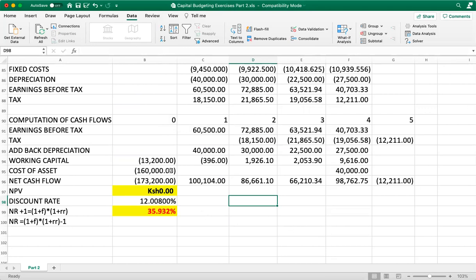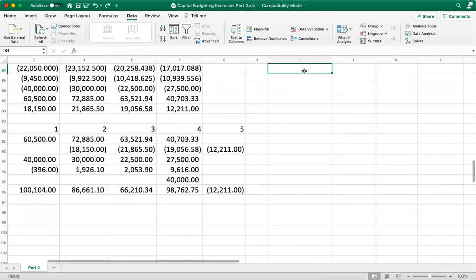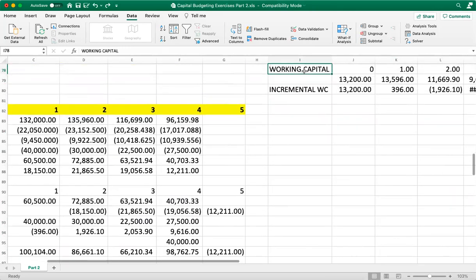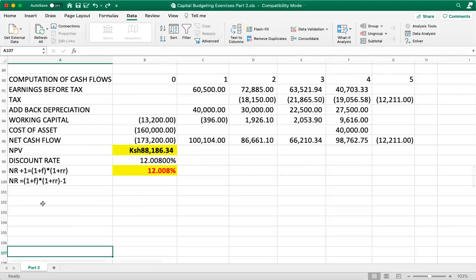Okay, so let me undo that. Okay, so we want to generate the discount rate. So you come here. Let me go down so that we can generate. So I'll say this is the rate.